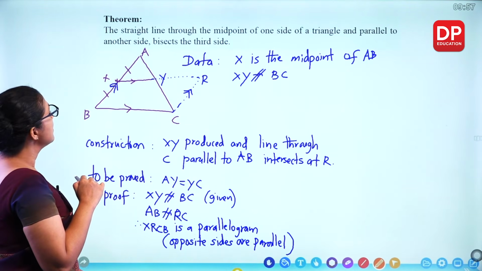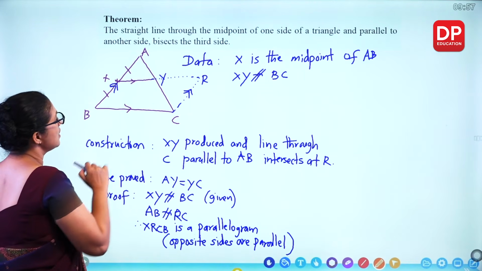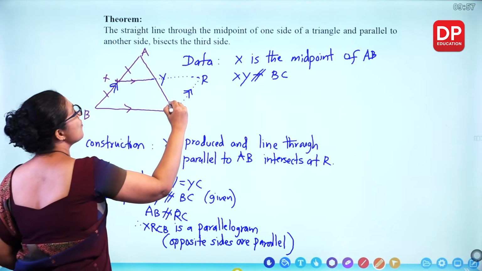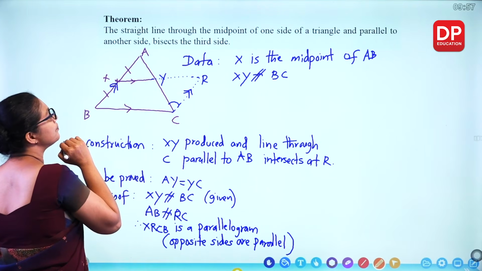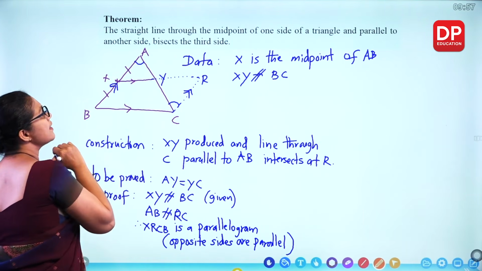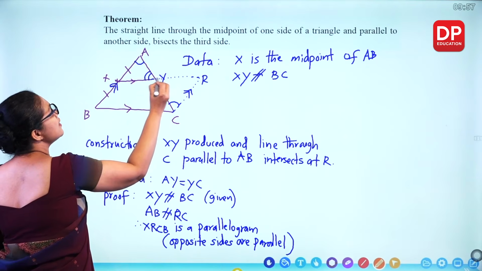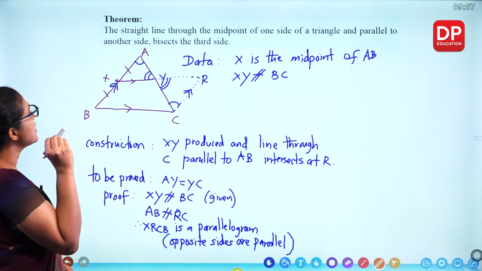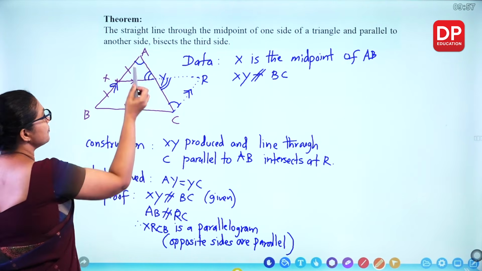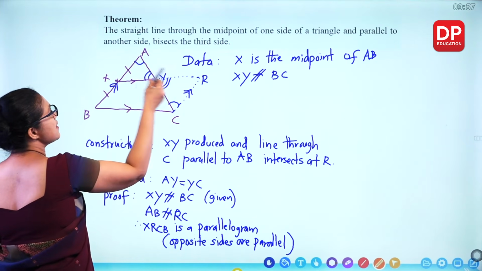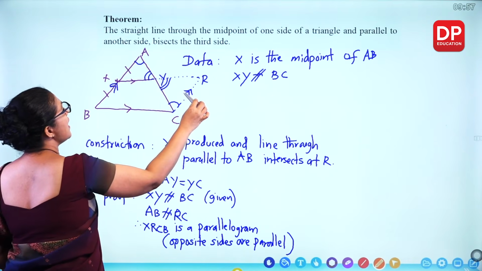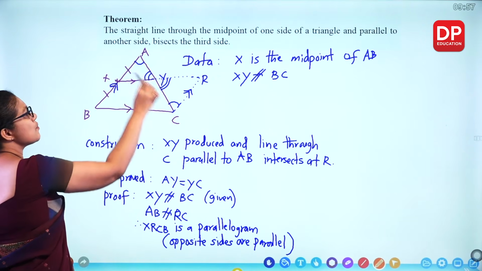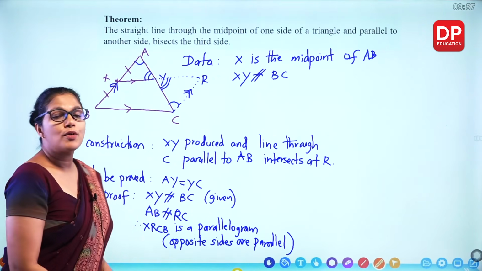Then what can you say about these two lines being parallel? So this angle is equal to this angle. This one is equal to this one, opposite angles. And what else do we know? This side is equal to this side, and this side is equal to this one. So CR is equal to AX.